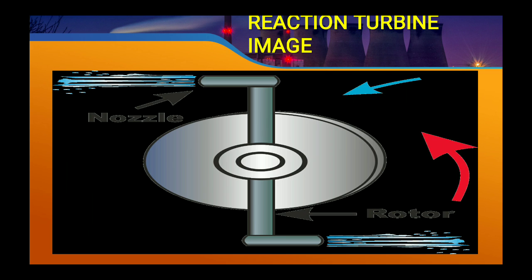The periphery of the outer blade is much bigger than the periphery of the inner blade, and the steam is supplied through the nozzle, and this bearing is connected with the nozzle, and hence the turbine is rotated by the help of the reaction force of the steam.